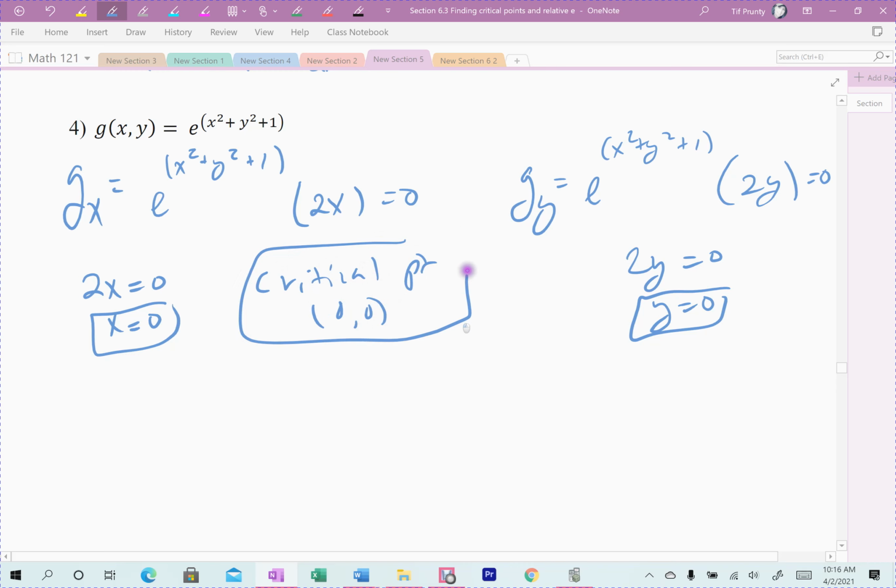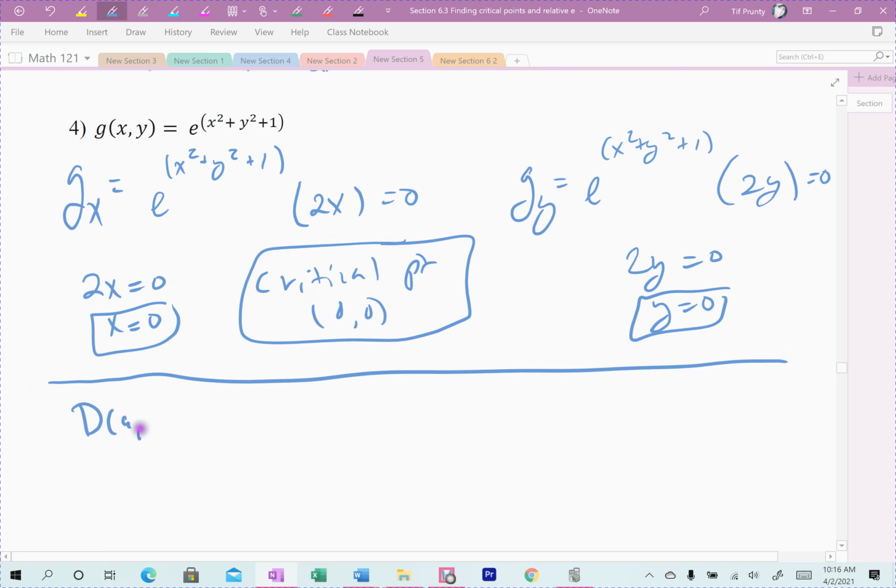Now I have to figure out if the critical point is a max, min, or saddle. So the critical point isn't the hard part. The hard part is the second derivative. So remember the d-test is, I find the second derivative with respect to each variable. So g sub xx, g sub yy, and then the mixed squared.